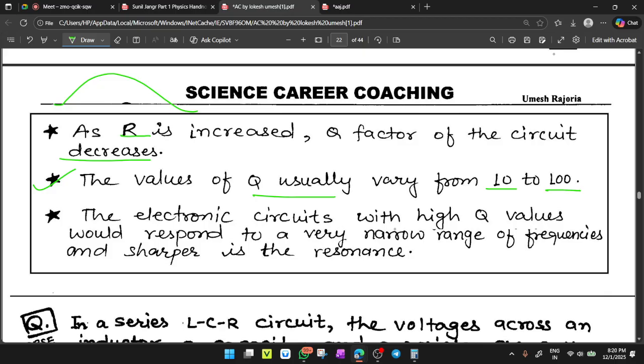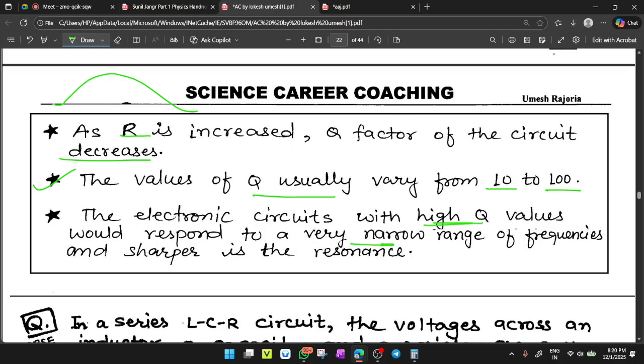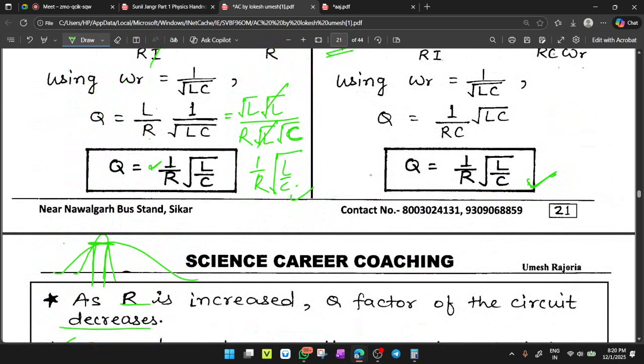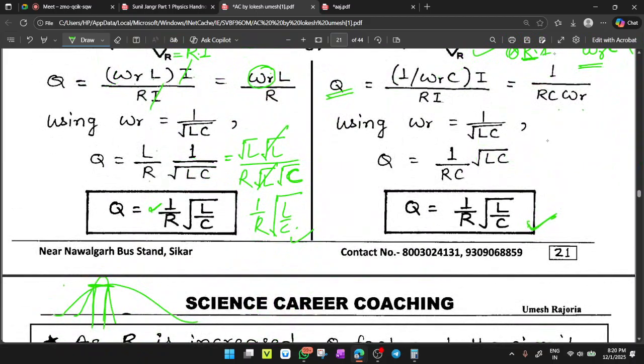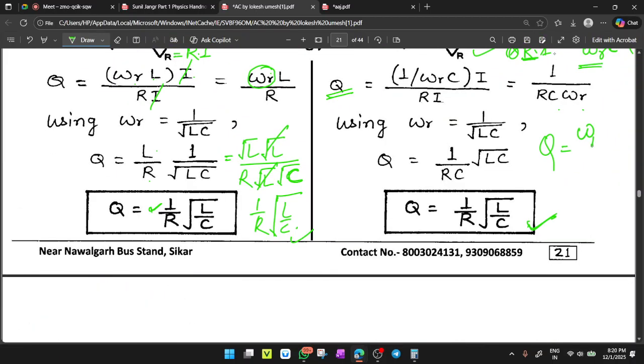The electronic circuit with a high Q value would respond to a very narrow range. Yes, obviously, a high Q factor means the sharpness of the curve will be high. So here the bandwidth will be less. Another formula for the Q factor: Q equals resonating frequency per unit bandwidth.